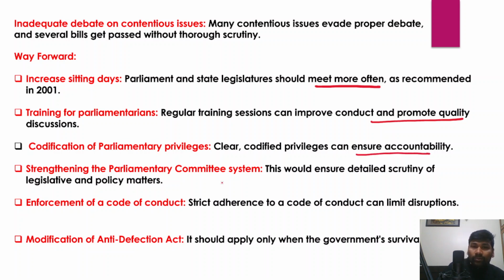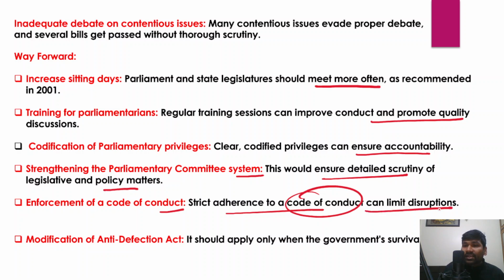And strengthening of the parliamentary committee system is also very important, because this would ensure detailed scrutiny of legislative and policy matters. And enforcement of a code of conduct is very important. Strict adherence to the code of conduct can actually limit the disruptions. Modification of the Anti-Defection Act, so it should apply only when government survival is at stake.